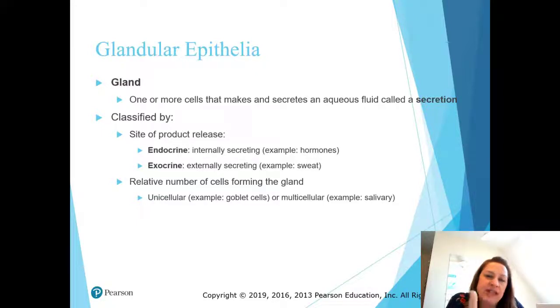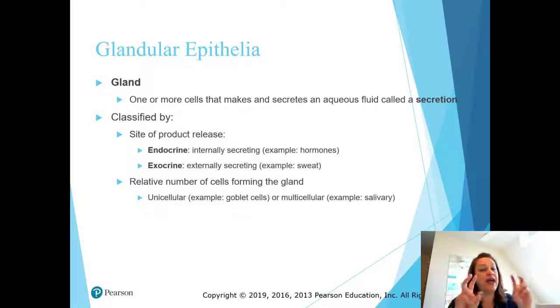Now, one of the things that can be confusing is some of our exocrine glands, like the pancreas, for example, is both endocrine and exocrine, depending on what we're talking about. The exocrine function of the pancreas secretes digestive fluid into the small intestine. Now, you might think that's internally secreting, which it is inside the body, but technically the digestive tract from mouth to anus is one continuous tube open to the outside.